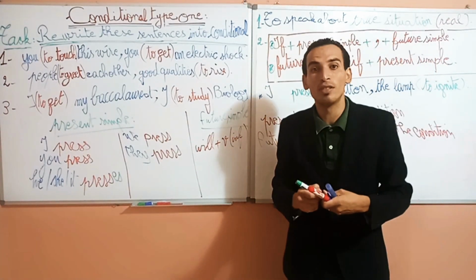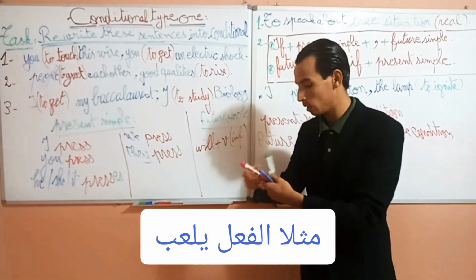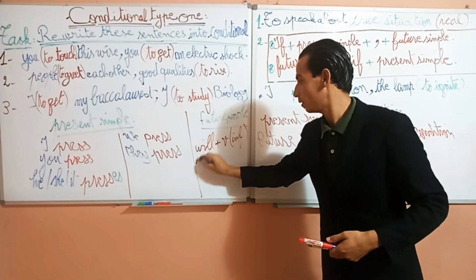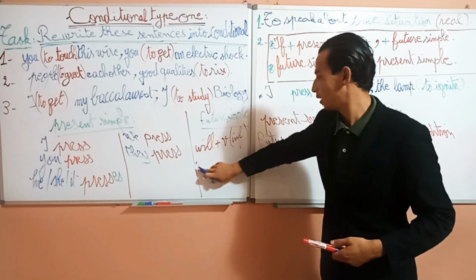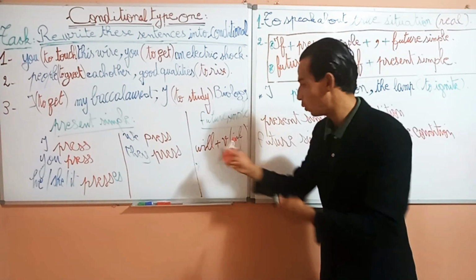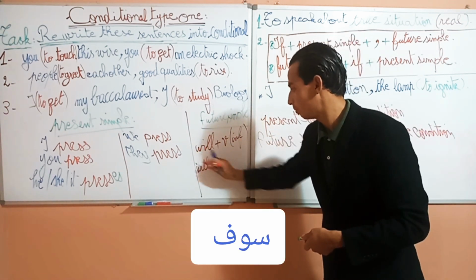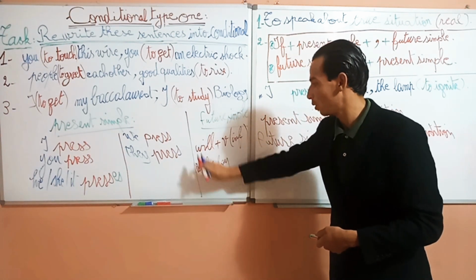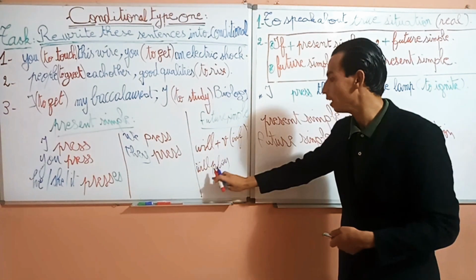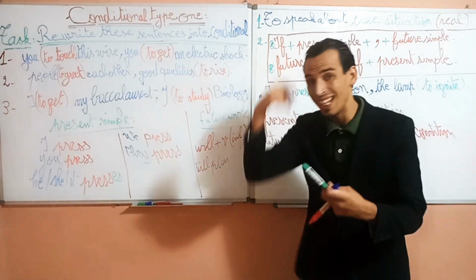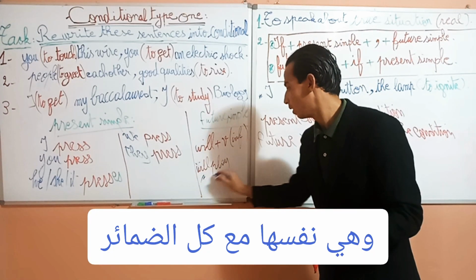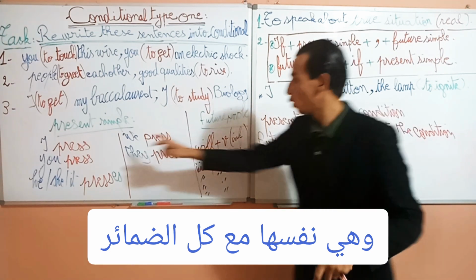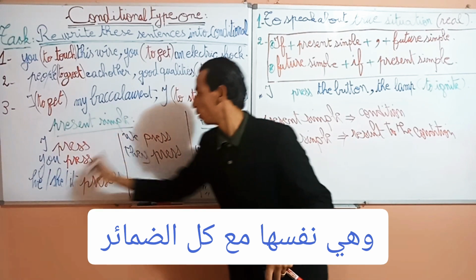Examples, for example, the verb play. In the future we say I will play. This is will, this is verb in infinitive, will play. And it goes the same with all pronouns.